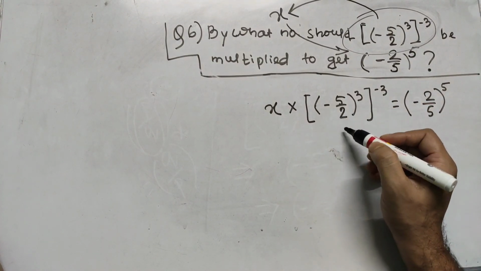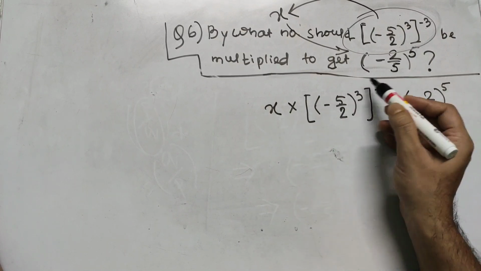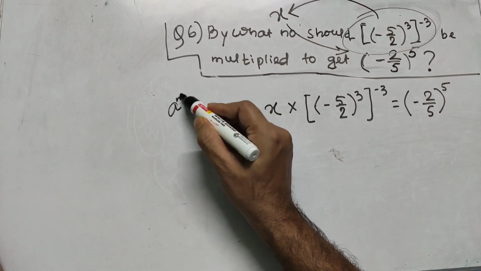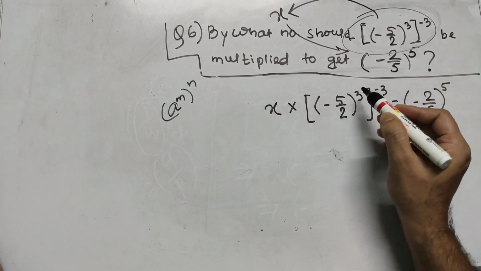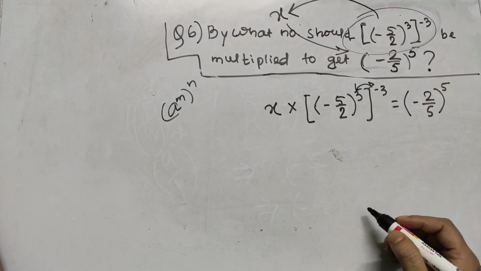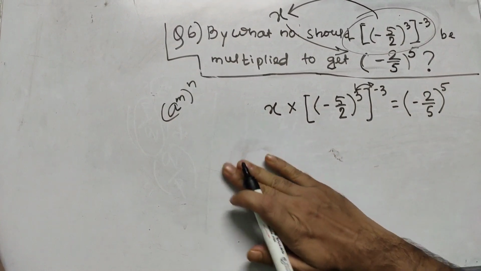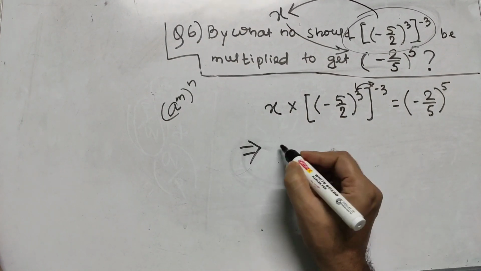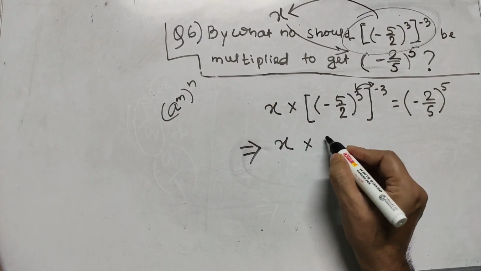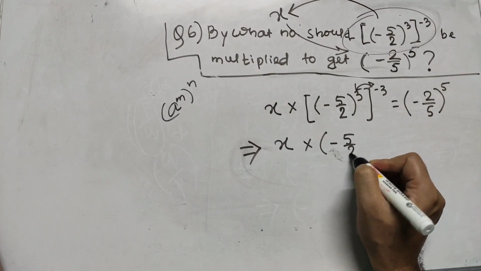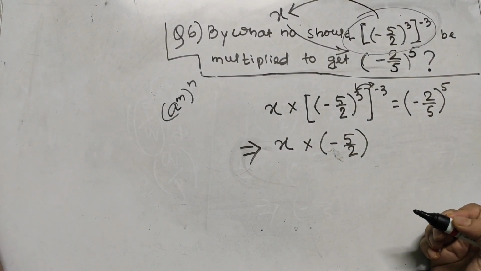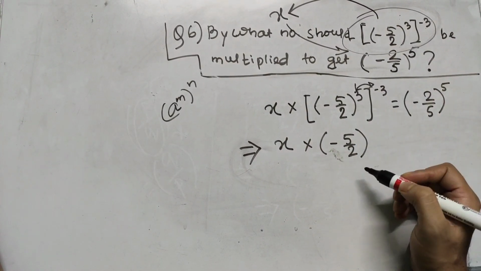This seems like (a to the power m) to the power n, so the powers are going to be multiplied. So, x into (minus 5 by 2) to the power 3 into minus 3.